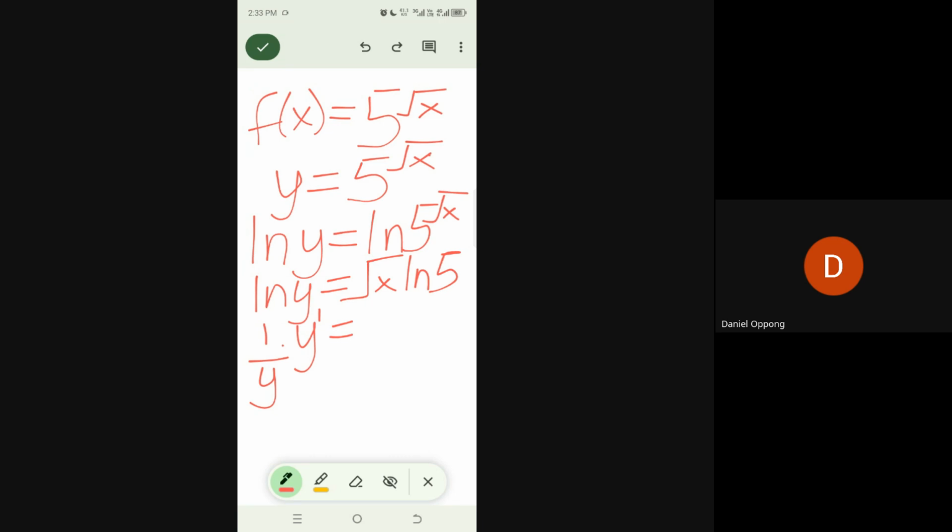The right hand side, you can use the product rule: differentiate the first part and leave 5, and when we differentiate root x, we get 1 over 2 root x.